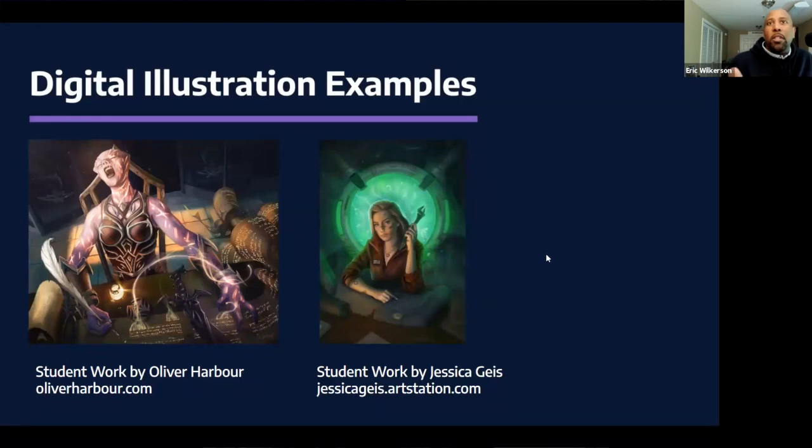And so Jessica went sci-fi with it, and my student Oliver, who had a passion for putting together a portfolio specifically geared toward Magic the Gathering, let me know that from day one, and I said, all right, well, that's what we're going to do. He knocked out not just this character, but the whole concept design, worked out what this character looks like, weapons, all that, and then did multiple illustrations around this character.